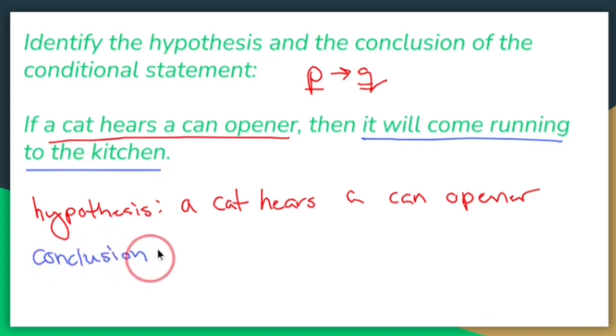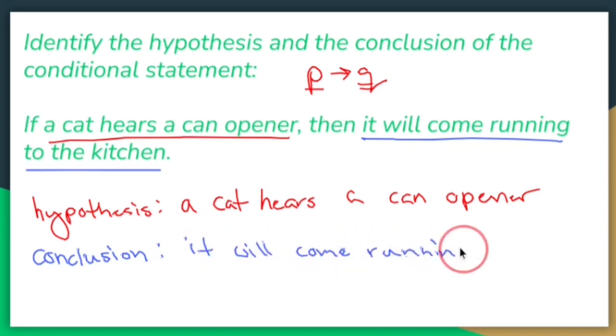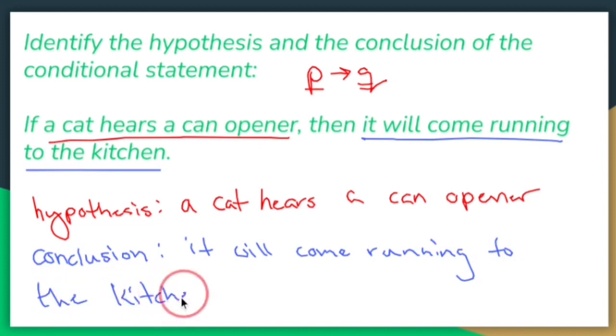Conclusion: it will come running to the kitchen. Okay? So conditional statement, if blah, then blah. After if is the hypothesis, after then is the conclusion. And it sure is easier when it's already written to us as a conditional statement like this one here.